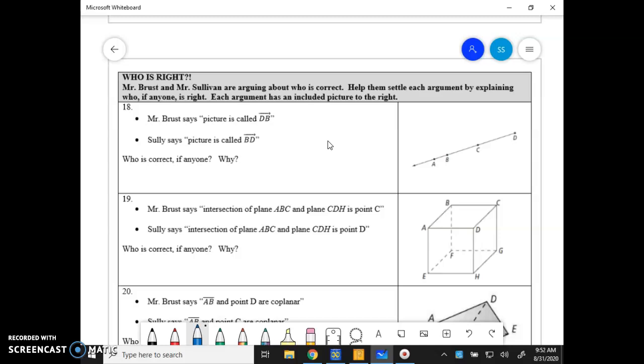Sully is saying BD with the arrow going through this point, but it looks like it stops here. So this one would have to be Mr. Brust. Mr. Brust is correct here because the ray shows it going from D through point B and on. So you guys can finish that any way you want. I'm not very good at writing words on this, so I will not.